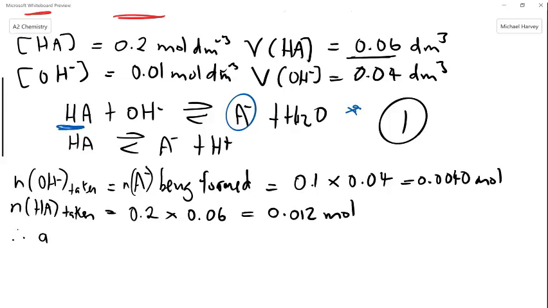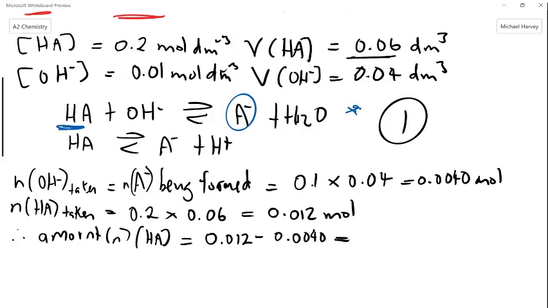Therefore, the number of moles of the HA, or acid, left is going to equal the difference between these two numbers, 0.012 minus 0.0004, which equals 0.0116 moles of HA left.